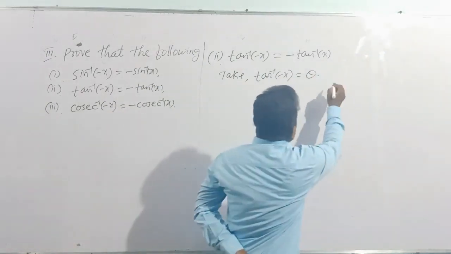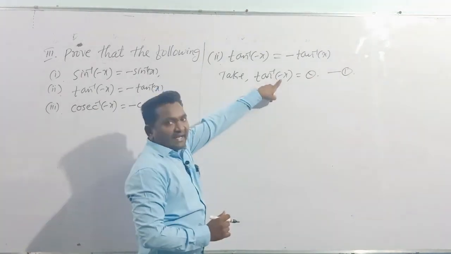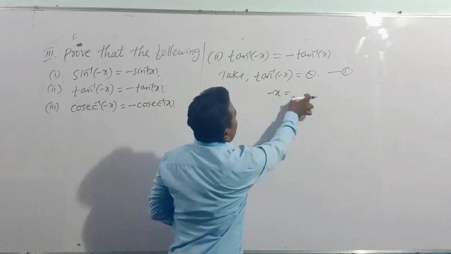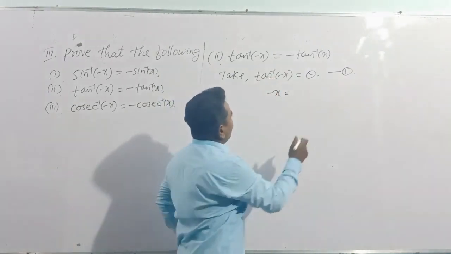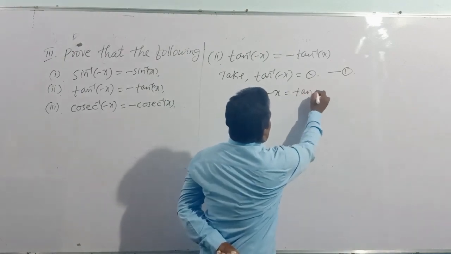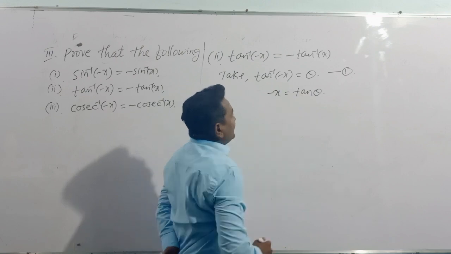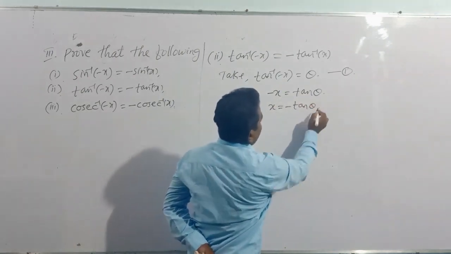Take it down as equation number 1. Same case: minus x keep as it is, and this tan inverse function moves to the right-hand side and becomes the trigonometric function tan theta. Minus x equals tan theta means x equals minus tan theta.